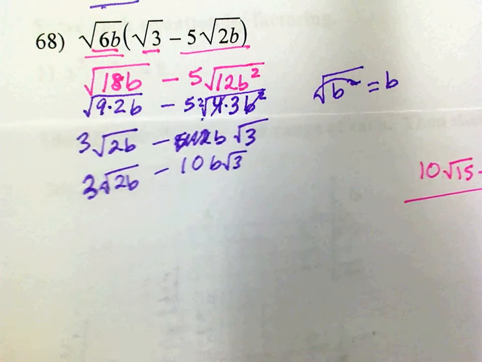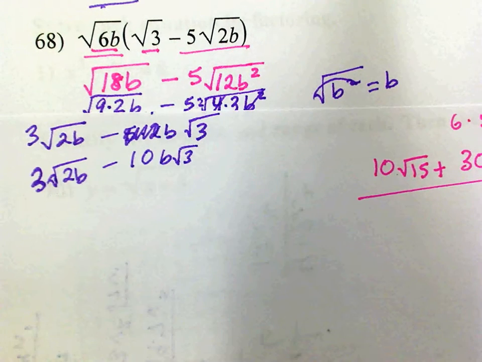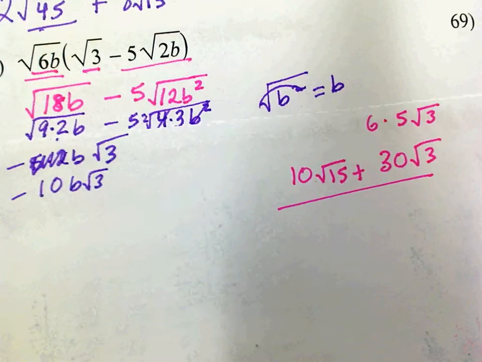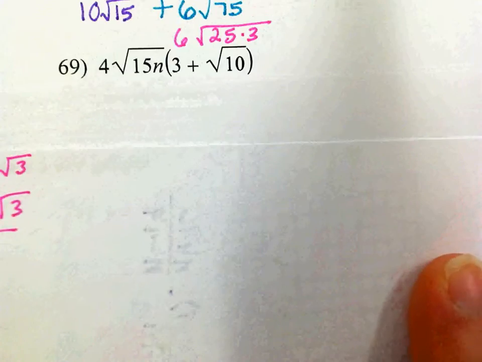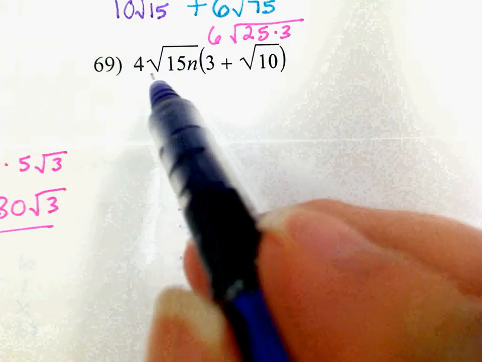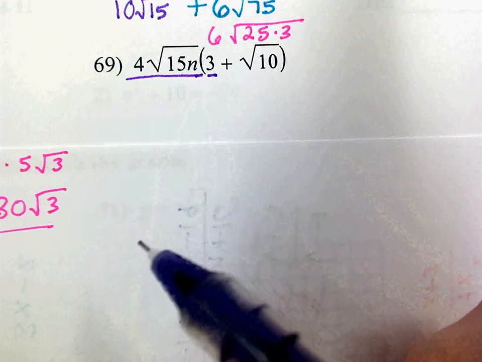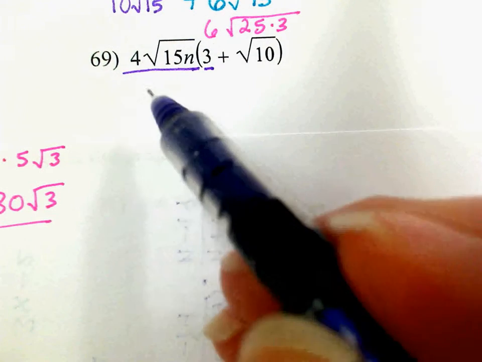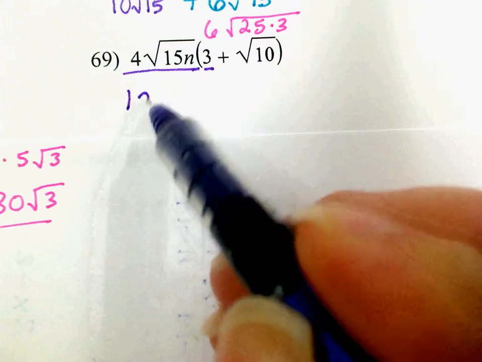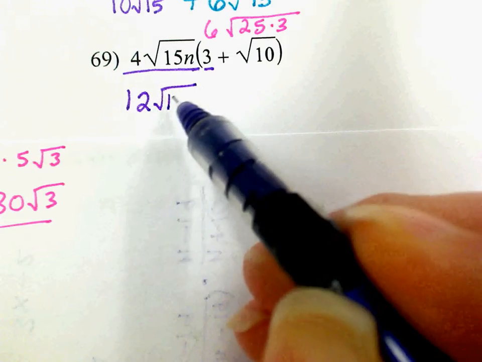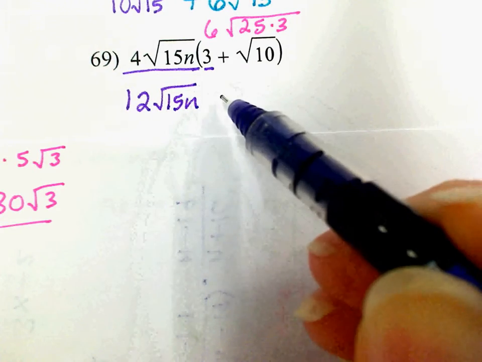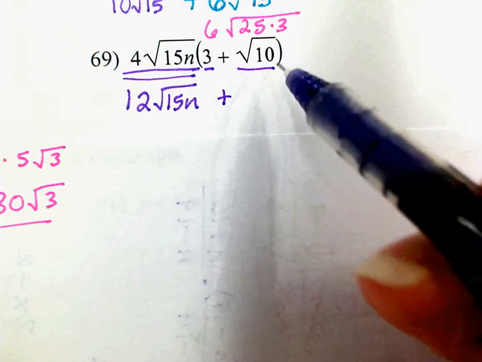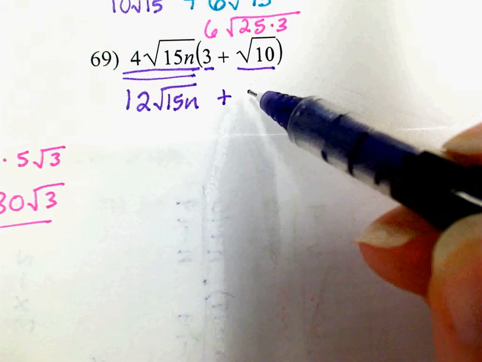Okay, 69. When we multiply these two, 4 square roots of 15n times 3, what do you multiply? So I've got 12 square roots of 15n plus 4 square roots of 15n times the square root of 10. 15 times 10 is 150, and then there's an n, right?